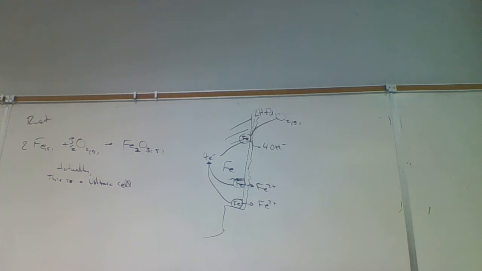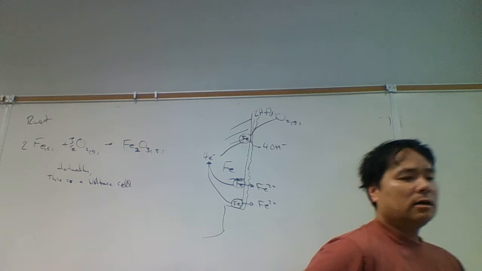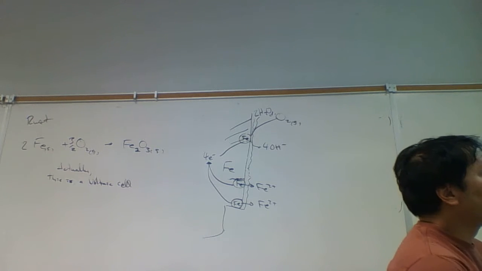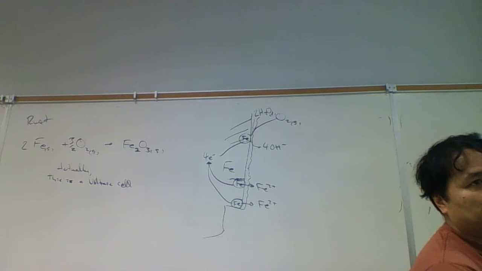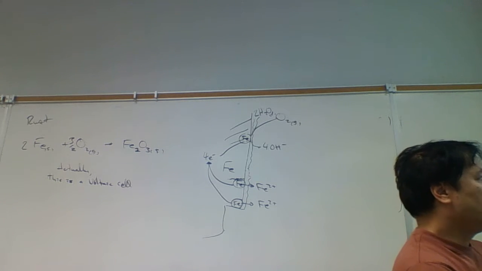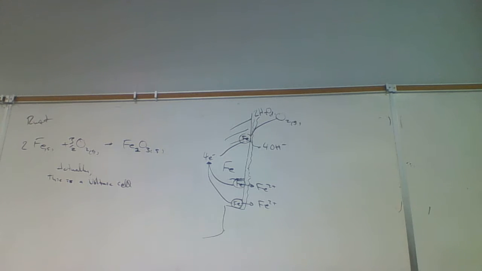4 waters. And so what we're going to say is that oxygen in acid solution has a much higher reduction potential than oxygen in water. Oxygen in acid has a higher reduction potential. And so this reduction potential here is 1.229 volts.